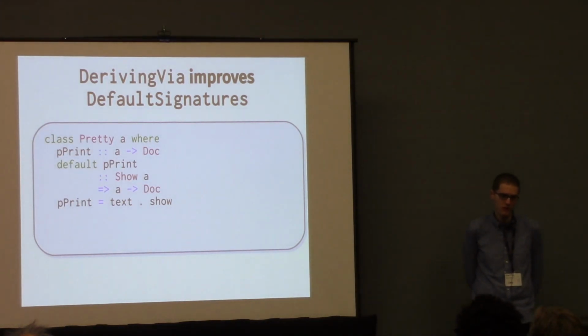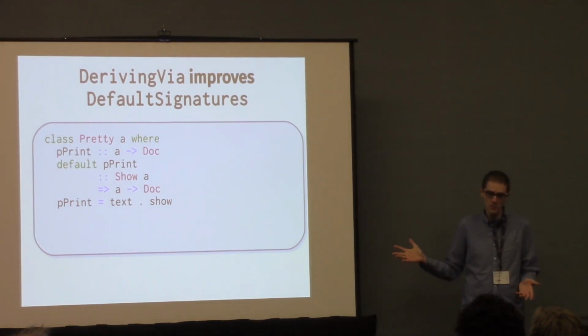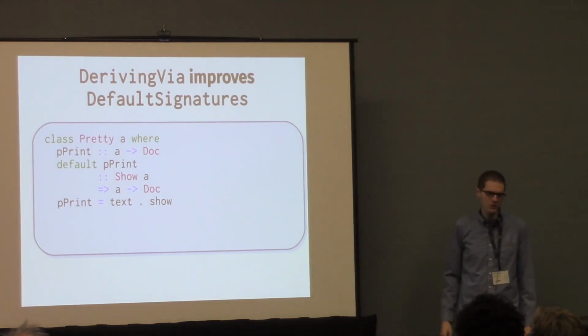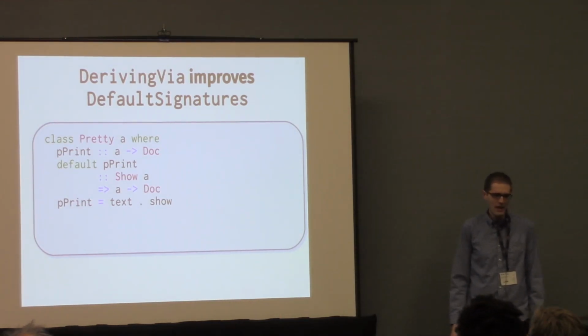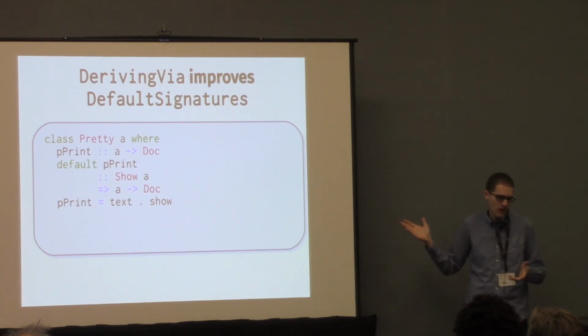Show tells you how to turn things into strings. It might not necessarily be the most well-formatted or pretty output, but it's a sensible thing that you could do. So here's how default signatures would let you express this idea. You could say, if the value happens to have a Show instance, then you can implement pprint by first showing that.